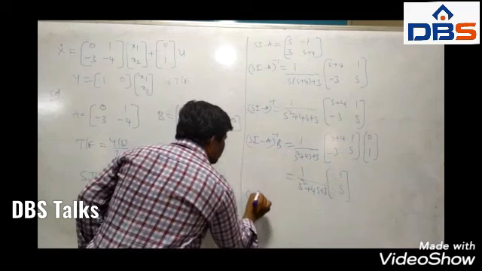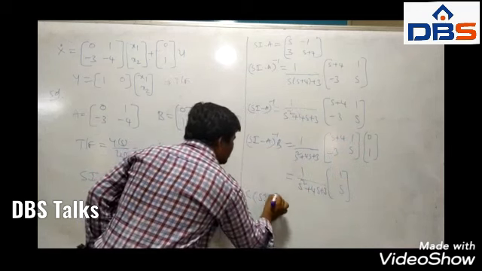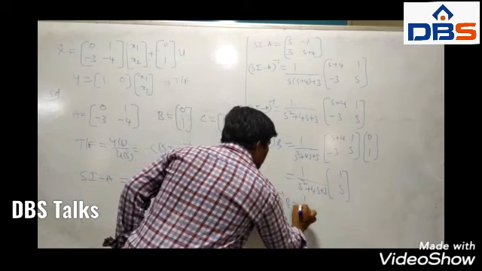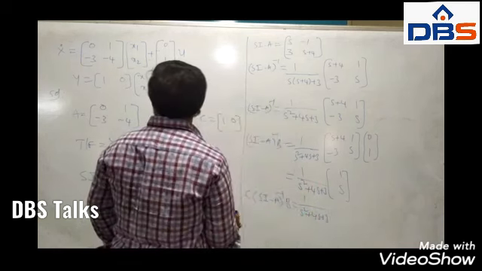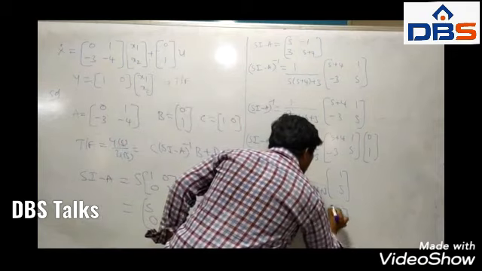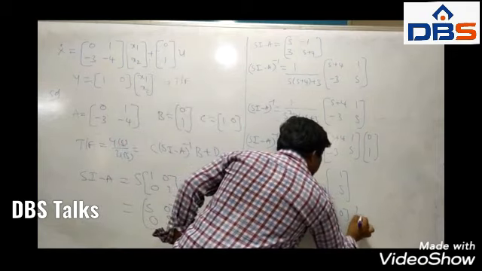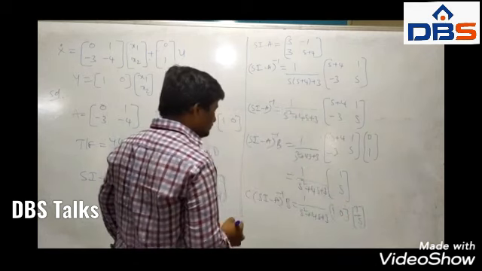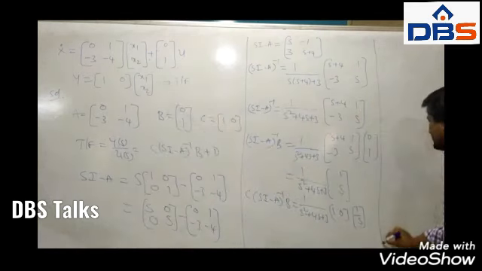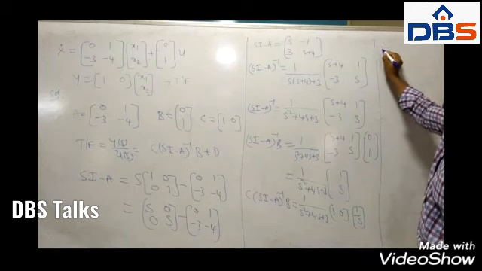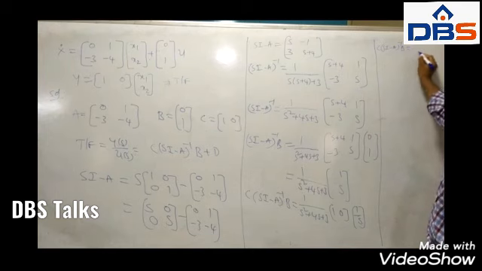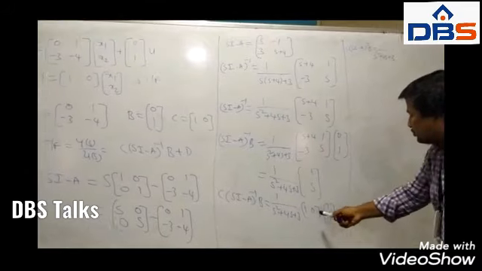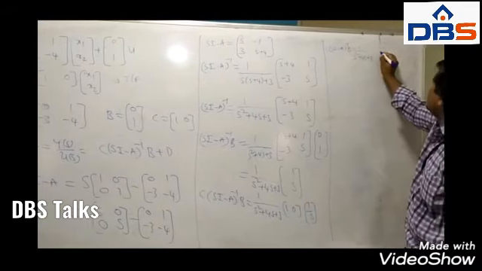Now multiplying by C, C into (sI minus A) inverse into B is equal to 1 by (s square plus 4s plus 3), with the C value [1 0] and [1 s]. Multiplying these two, 1 into 1 plus 0 into s, that is 1.